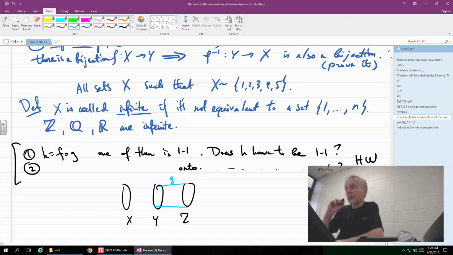I'm trying to visualize it. So suppose G covers the whole Z. But F does not have to. So suppose this is my F then. As you can see, I'm trying to suggest that it does not cover the whole Y. So what's the conclusion from this picture?